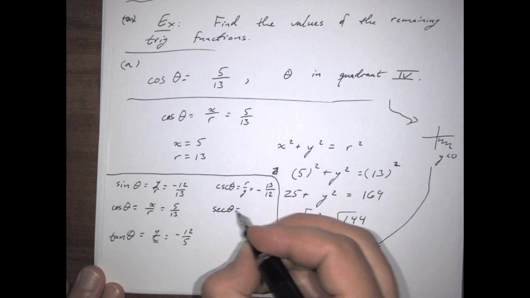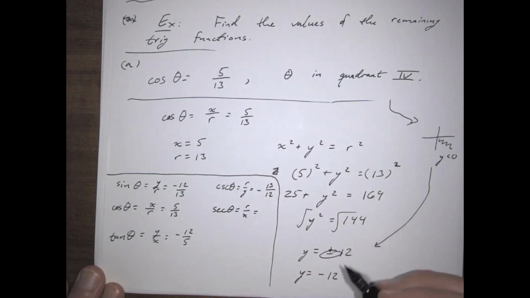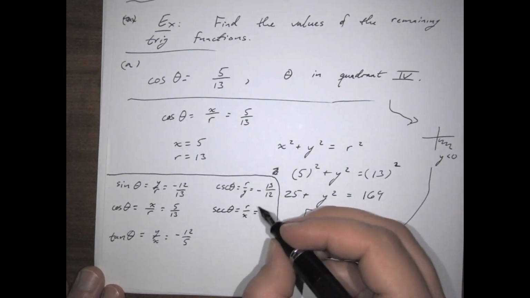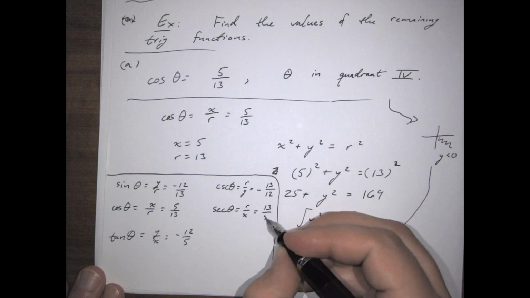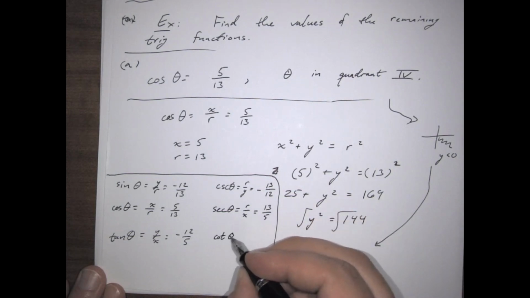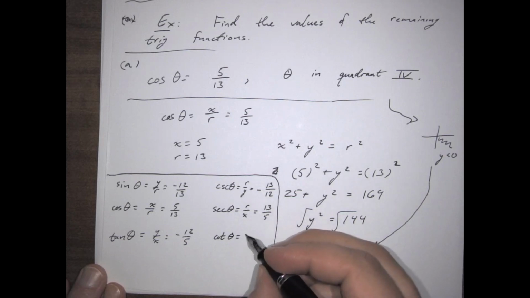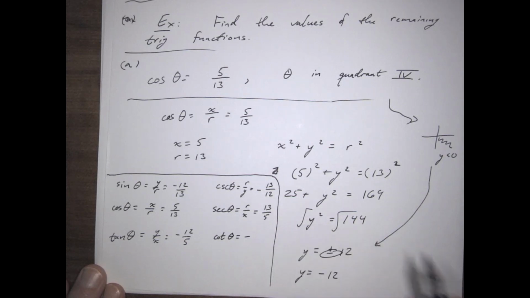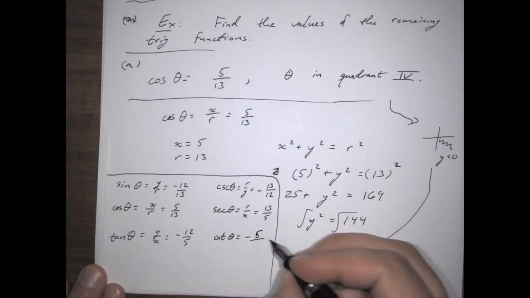Secant theta is r over x, which would be, again, just the reciprocal of the above, or in other words, 13 over 5. And then finally, cotangent of theta is going to be x over y, which is negative 12 over 5, or sorry, negative, so the negative, again, we can just write out front of the whole thing.